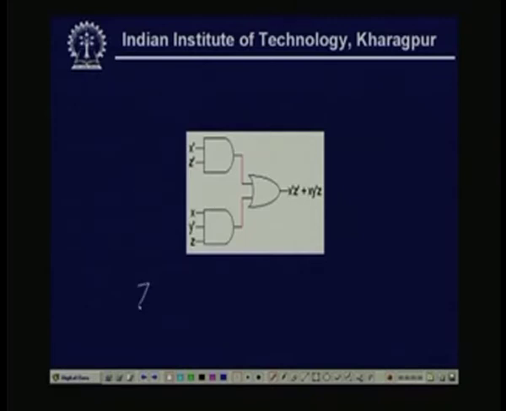The output z realizes x dash z dash, means the complement of x and z, plus x y dash z, this is a 3 input AND gate. So, this is a simple function f. So, f equal to x dash z dash plus x y dash z.